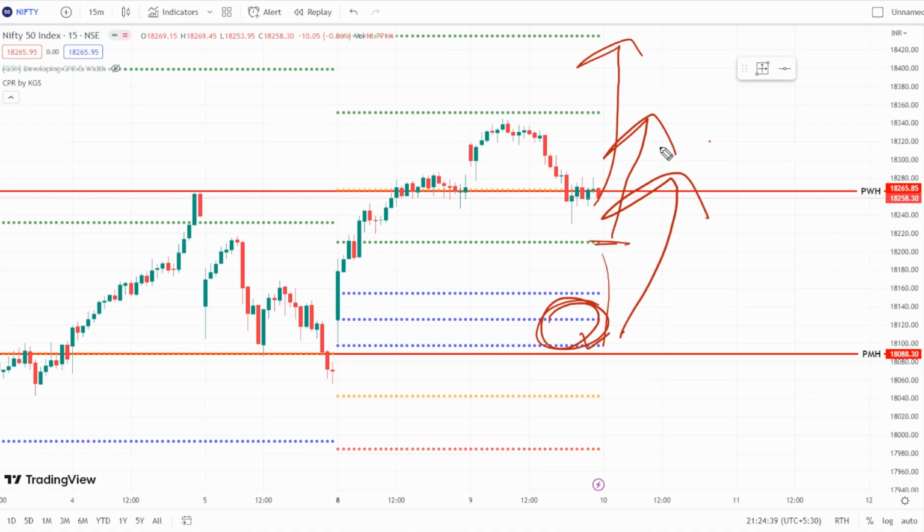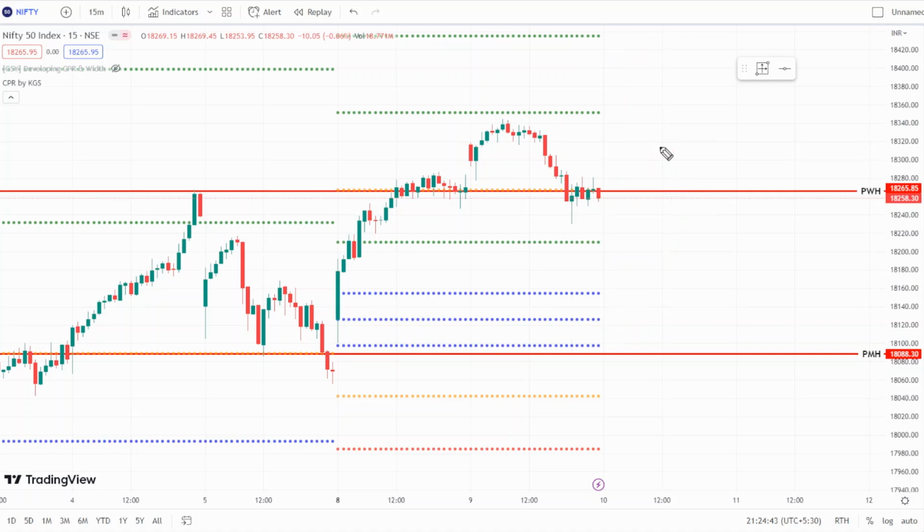So by expiry, you need to understand one thing. Weekly R1 is important for Nifty to understand what will happen on Thursday. If this level is sustained, we can see an up move till expiry on Thursday.